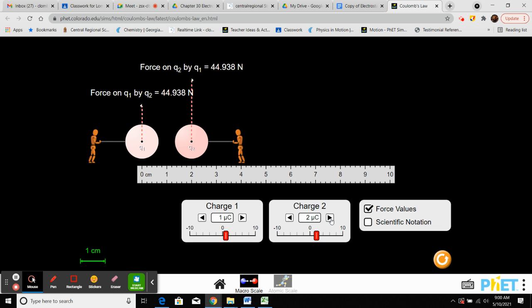What if I tripled one of them? 67. Okay, what was the original value again? 22.469. I'm going to have this in my calculator, so I'm going to do 22.469 and multiply that by 2. My calculator says 44.938. Okay, bet.